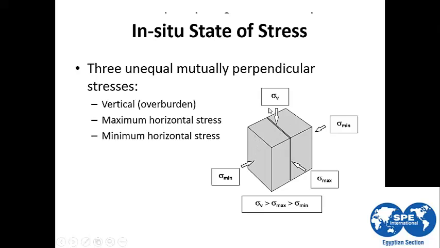We have this rock cube, and we have three different components of stress applied from all directions. We have the overburden from the top, and we have the minimum stress and the maximum stress from two different directions opposite to each other.